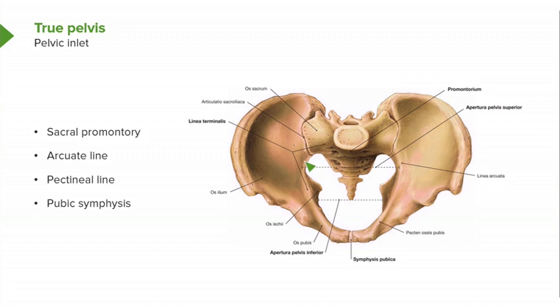That will then continue along the arcuate line, come around anteriorly, continue as the pectineal line, go to the pubic tubercle, go across the midline, and come to the opposite pubic tubercle, follow the opposite pectineal line to the opposite arcuate line, along the opposite sacral ala, and then back to the midpoint along the sacral promontory. This area is demonstrating the pelvic inlet.